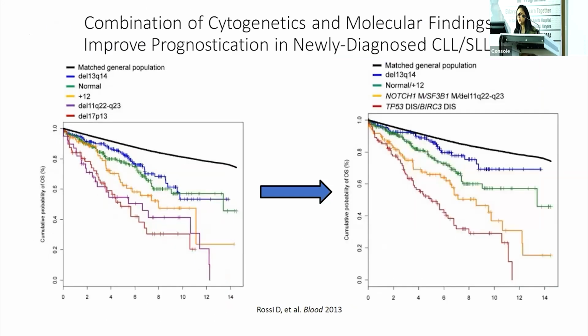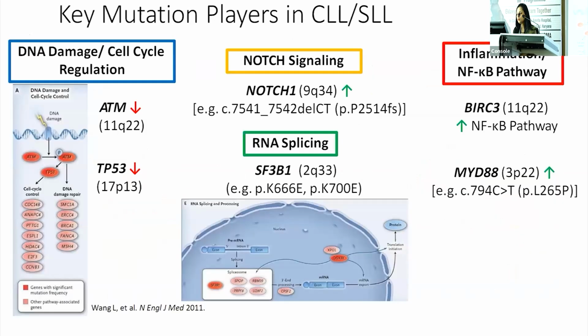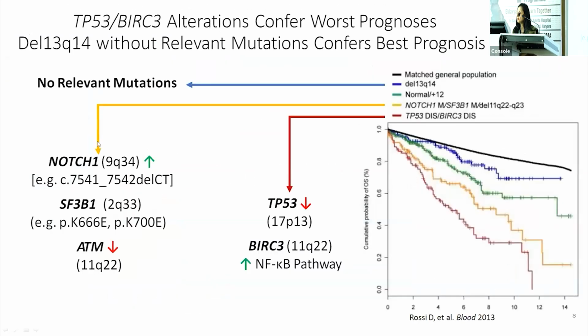But now NGS sequencing to include the mutations has also been added to this, and the prognostic grouping has been predicted. You can clearly see that the patients who have TP53 or BIRC3-like disease are the worst performing ones. And then the patients who have, this is the general population, and then just below is the one who have just deletion 13, and then the normal.